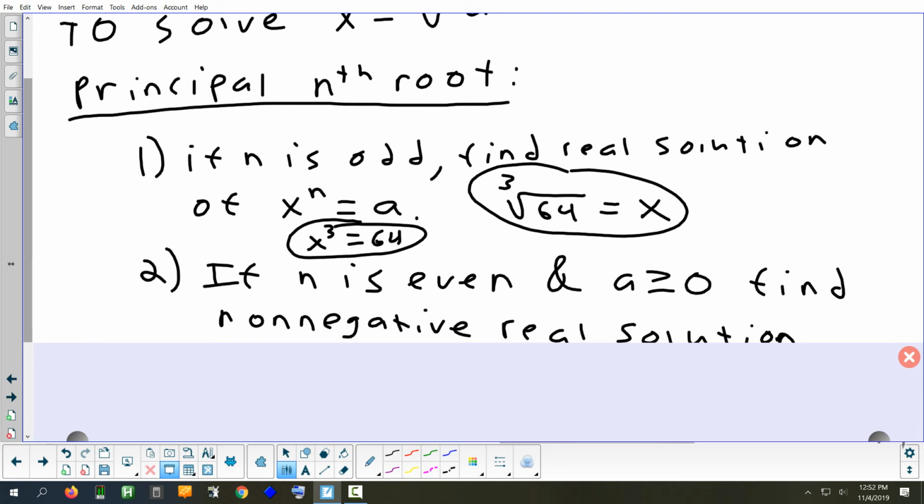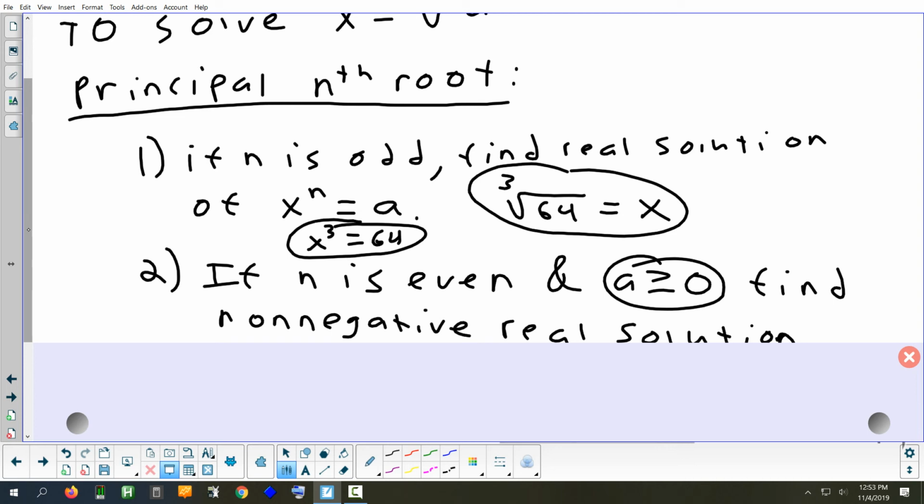Now, if you're doing an even root, the first thing I say is this: the number under the root has to be greater than or equal to 0. Why? What would happen if you tried to take the square root of a number that was less than 0? You can't, because you can't have the square root of a negative number.